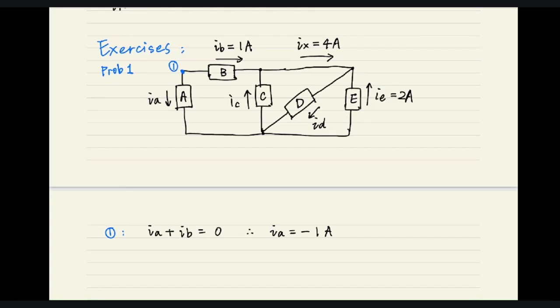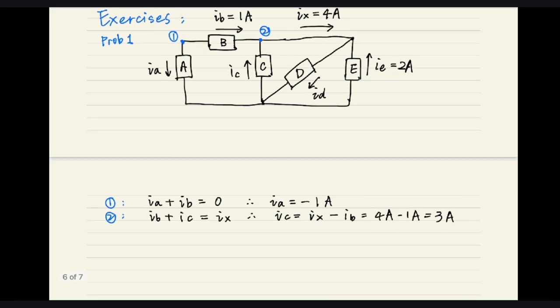And then let's take a look at node 2. Currents going in, IB plus IC, equal the current going out. So we can compute that IC equals IX minus IB, 4 amps minus 1 amp, resulting in 3 amps. So IC is also solved here.